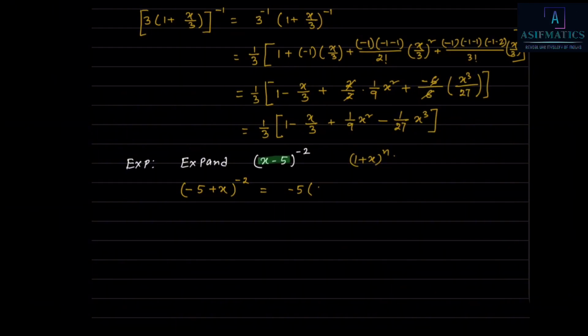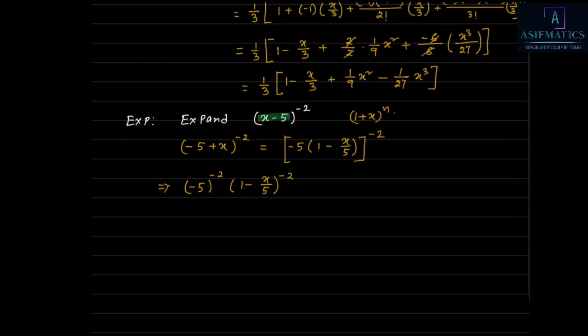We can write 1 plus, this will be minus now because we take minus 5 outside, so this will be 1 minus x by 5, and then the whole thing to the power of negative 2. And then we can write this one as minus 5 to the power minus 2, and then we have 1 minus x by 5 to the power minus 2.